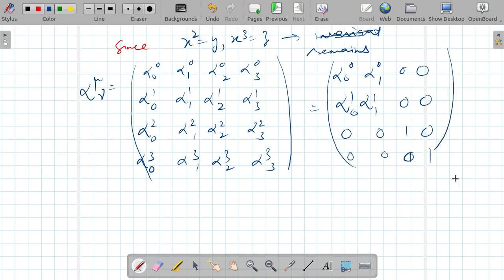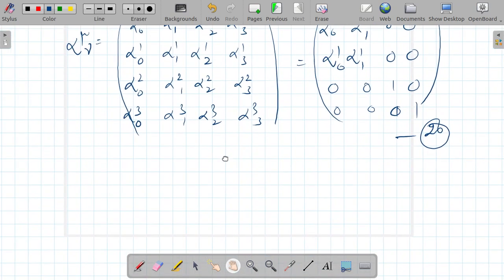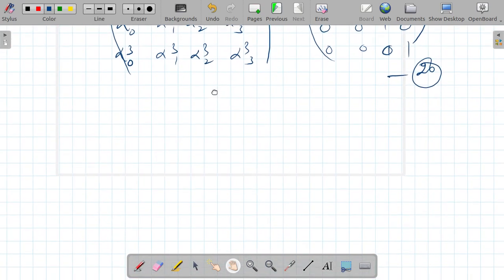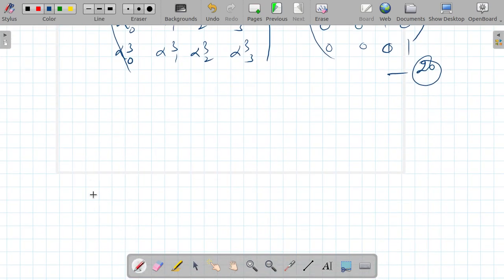Also, in a similar way, let us consider alpha mu rho and alpha rho nu. So it is alpha 0 0, alpha 0 1, it is 0, it is 0.